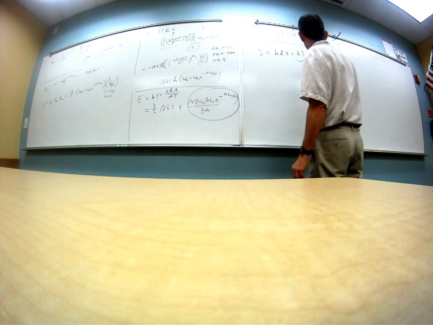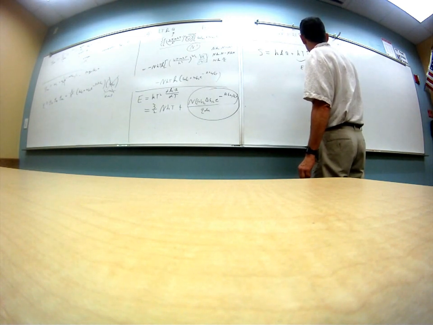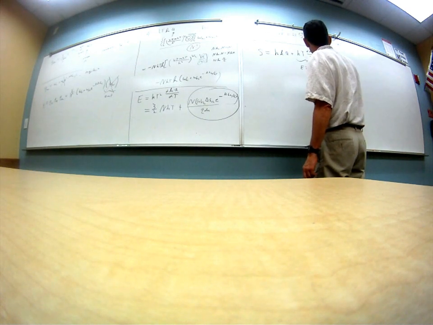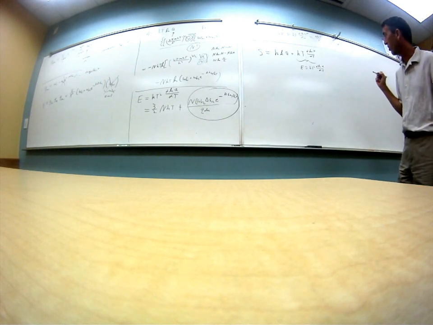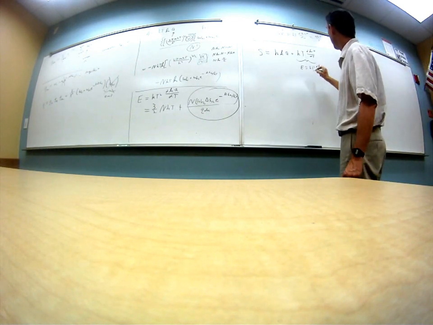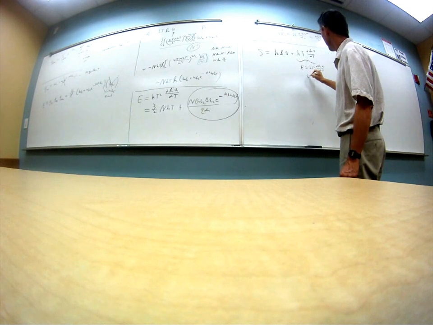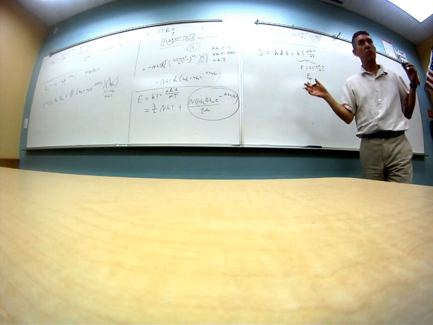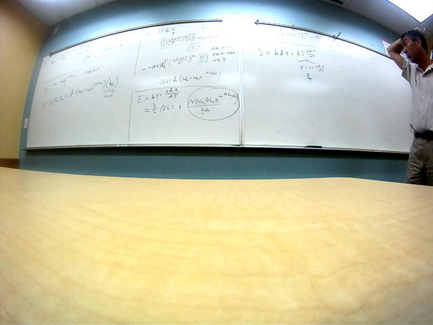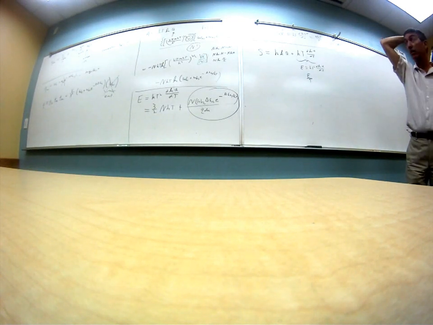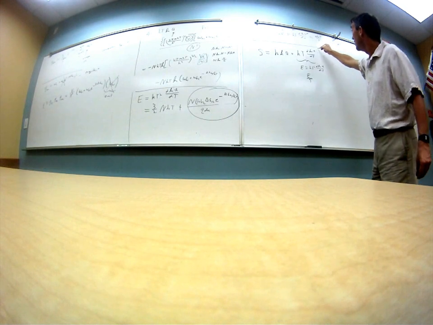Notice that energy is kT squared partial of log Q with respect to T. So this term is really simply equal to E over T. So that's our familiar E over T. So S is k log Q plus E over T. That's what that is. So you can plug and chug.